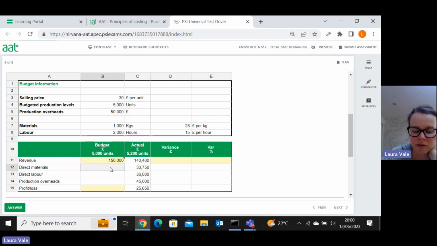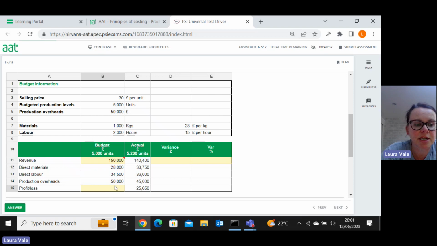So that's a good thing, because you can't accidentally put that in. So we'll do 1,000 times 28, which is 28,000. Direct labour, 2,300 times by 15 is 34,500. And production overheads is just the £50,000.